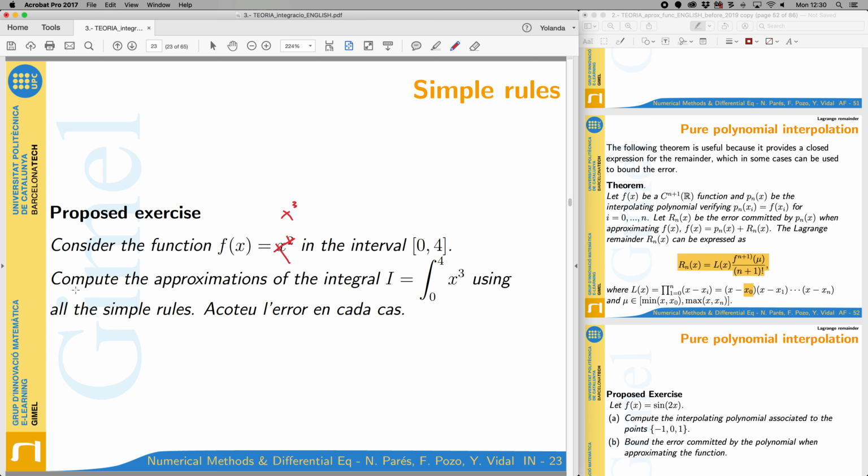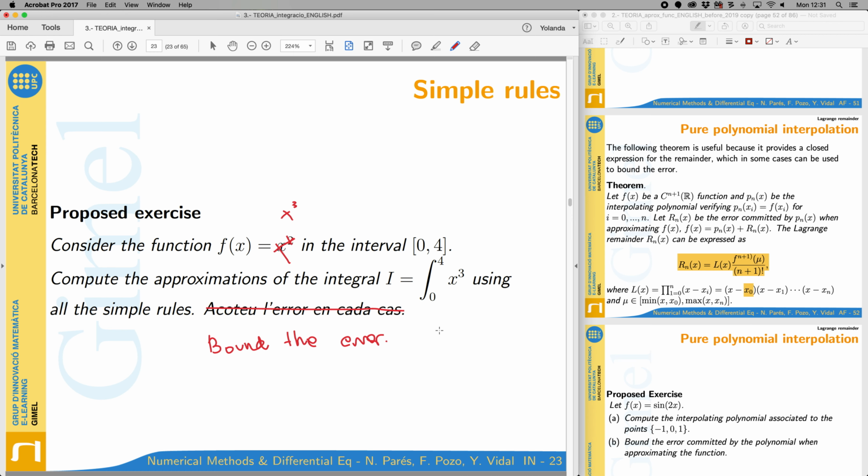And the proposed exercise is to compute the approximation of the integral of this function x to the power 3 between 0 and 4, using all the simple rules we saw, and bound the error in each case for each method.